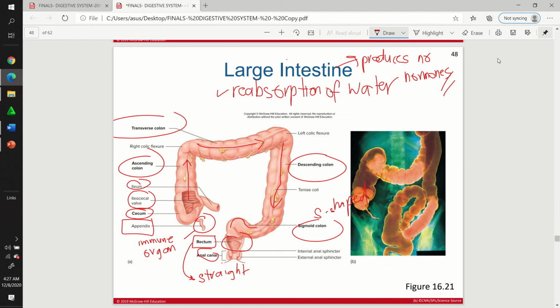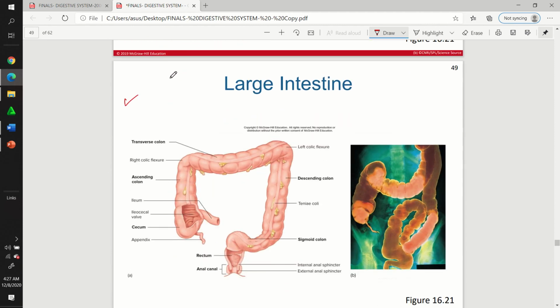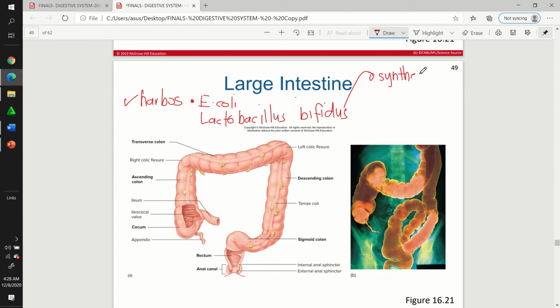Another importance of your large intestine: if you can still remember your microbiology, your large intestine also harbors bacteria such as E. coli and Lactobacillus bifidus, which in turn help synthesize what vitamin?